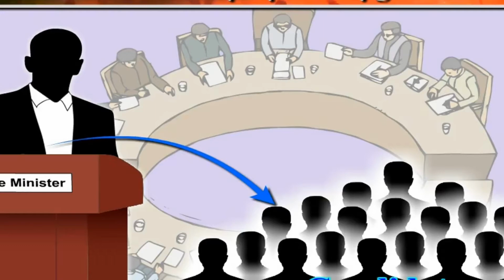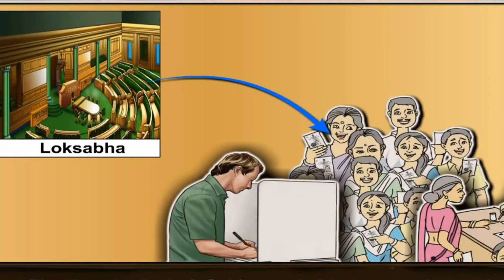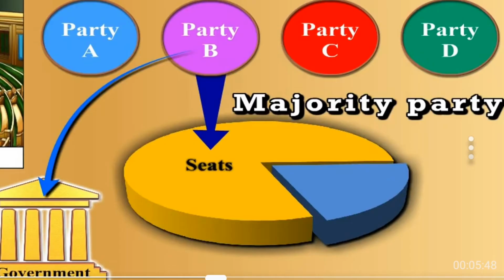Let me explain how a political party forms the government. You know very well, there are numerous political parties contesting in the election. The party that secures the majority seats in the Lok Sabha election can form the government. The representatives are elected by the election only.